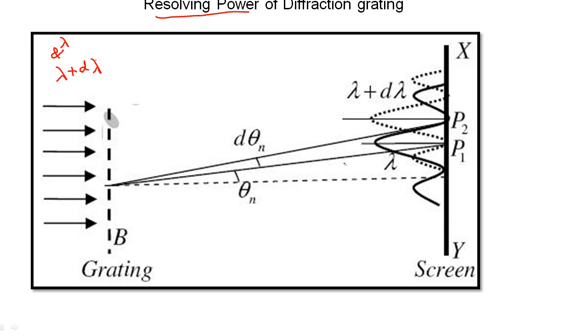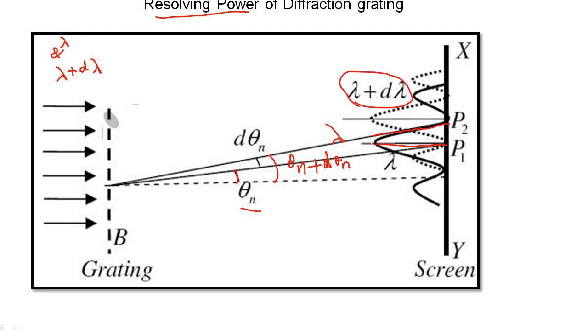Let us assume that in the direction theta n with respect to the normal, the principal maximum in the diffraction pattern of wavelength lambda is produced, and in the direction theta n plus d theta n, the principal maximum in the diffraction pattern of wavelength lambda plus d lambda is produced.